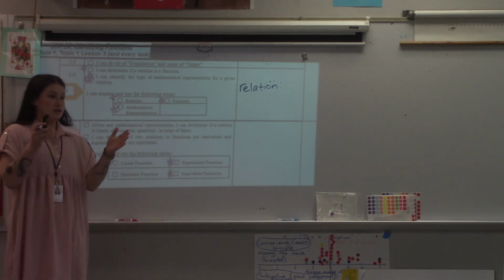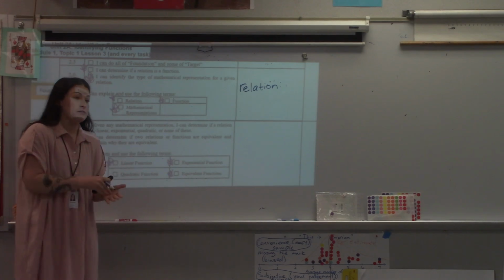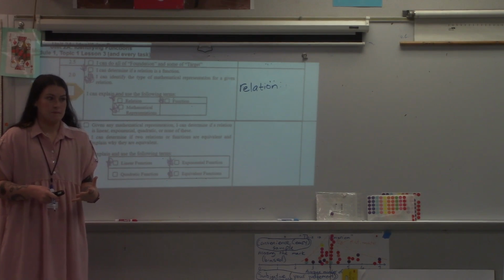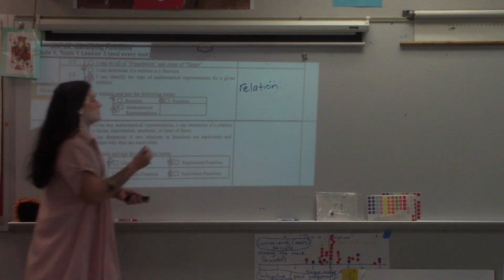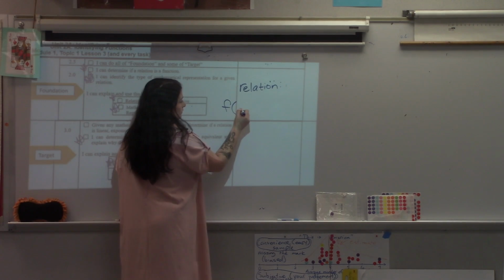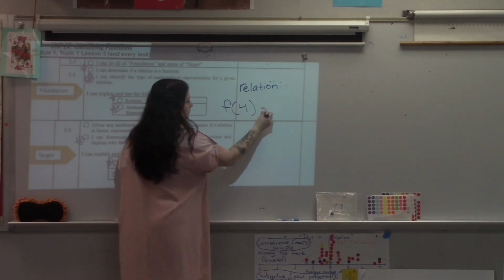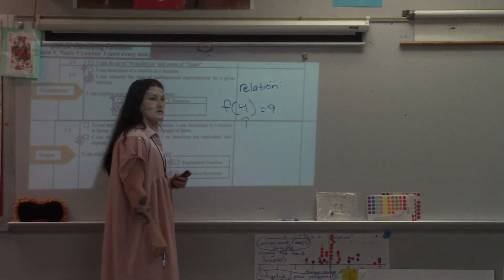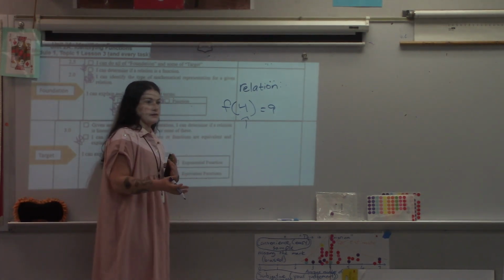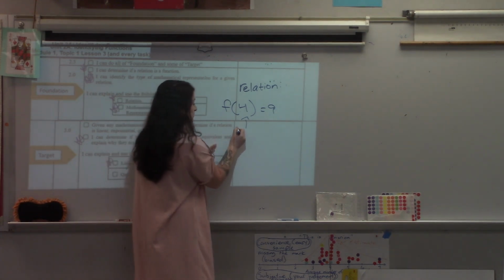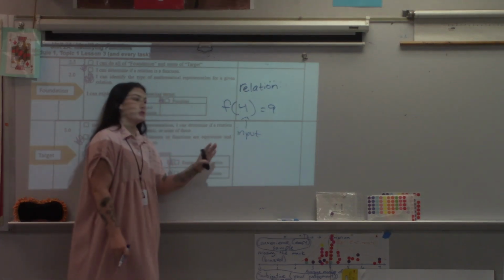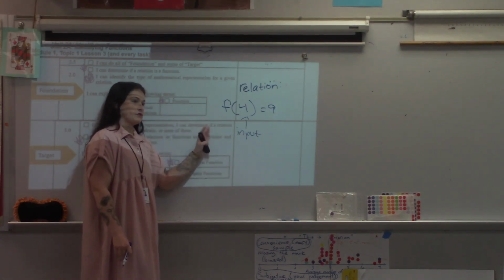You are connecting inputs to outputs. Do we know what that means? Your X and Y. So, that question we did to start with, what would this 4 be? If we're talking about inputs and outputs. Input, right? It is what you are putting into the equation. It is what you're putting in as your X value, which is what kind of variable?